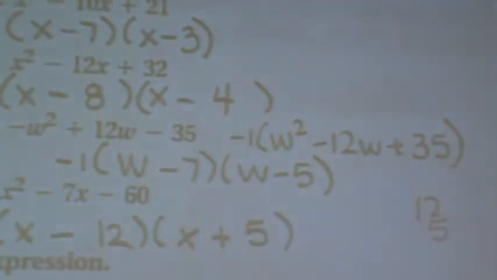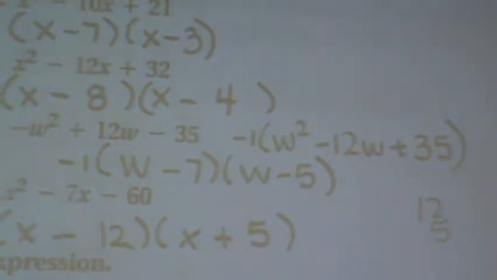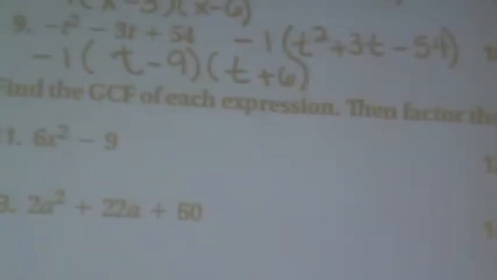Okay, so that would be, what, 12 and 5? And that would be, one's going to be positive, one's negative. It's going to be a negative 12 and a positive 5.